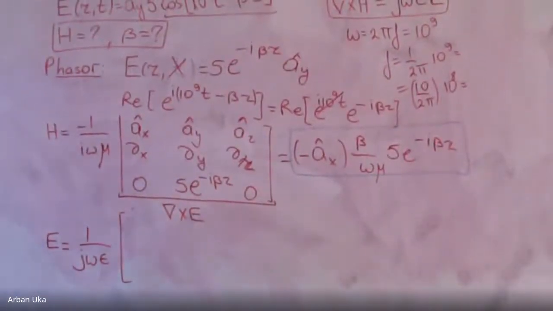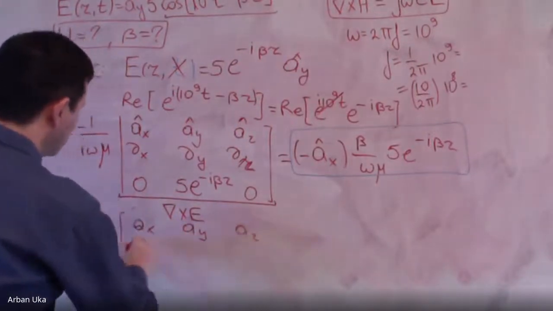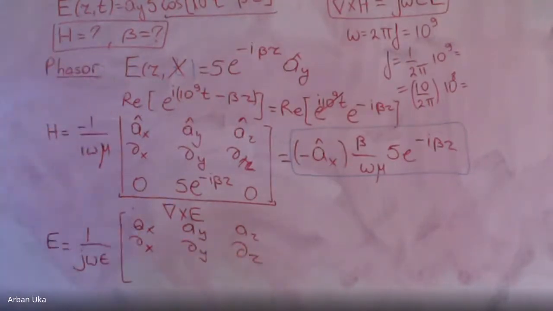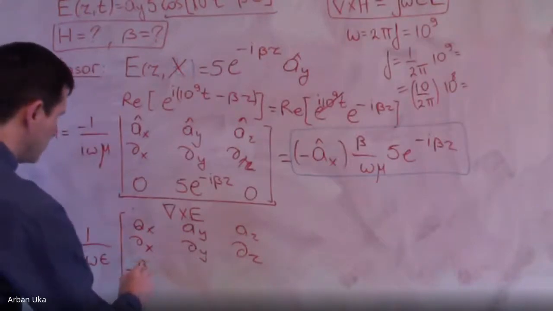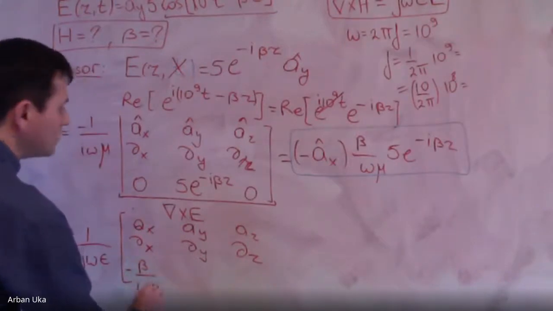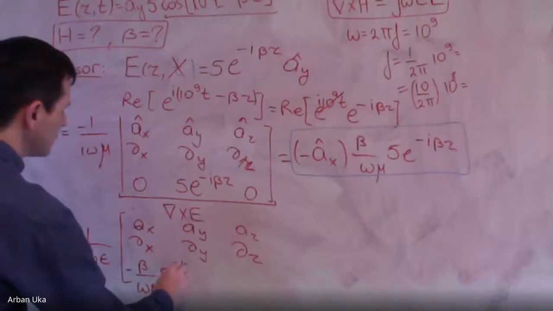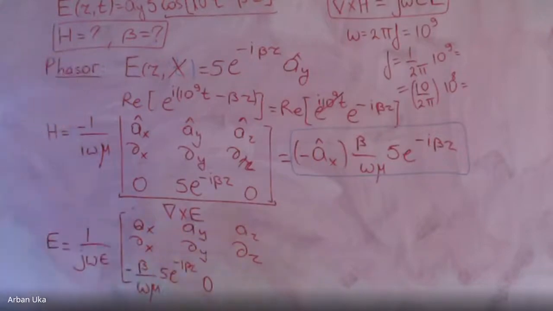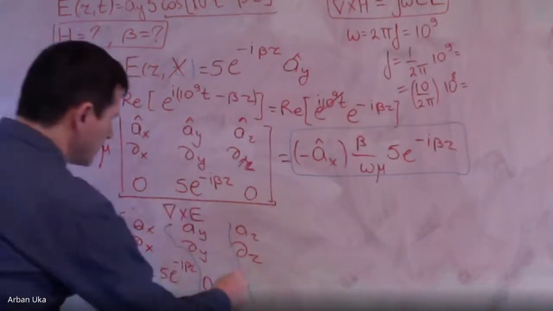And then we have to put here AX, AY, AZ, derivative with respect to X, derivative with respect to Y, and derivative with respect to Z. And then we look at the components of H. H is all in here. This is minus beta over omega mu times phi times e to the power minus j beta z. Okay? Then it has 0 component along the y, and the component along the z is also 0.